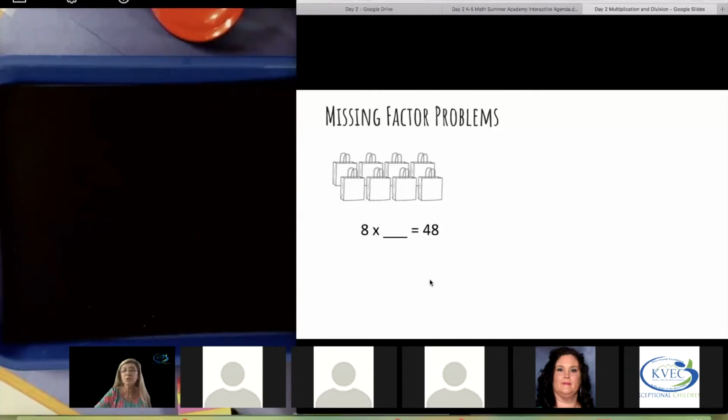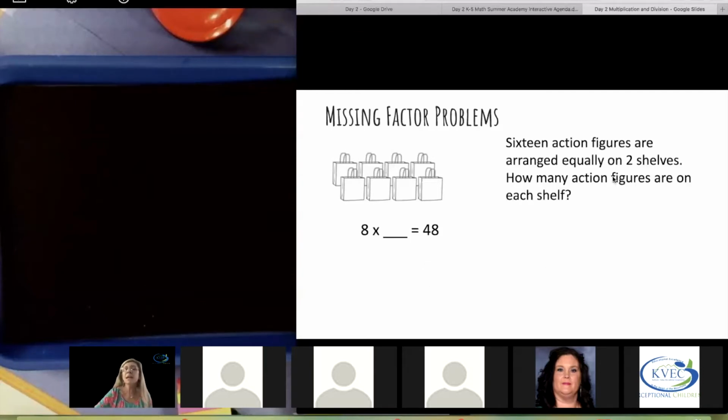They could do a fair share until they get all 48 in the bags equally. So they could count out 48 and do a fair share and then see how many's in each bag once they're finished. So what's missing here? What's unknown? Is it the number of groups or is it the size of the groups? Size of the group. The size of the groups.